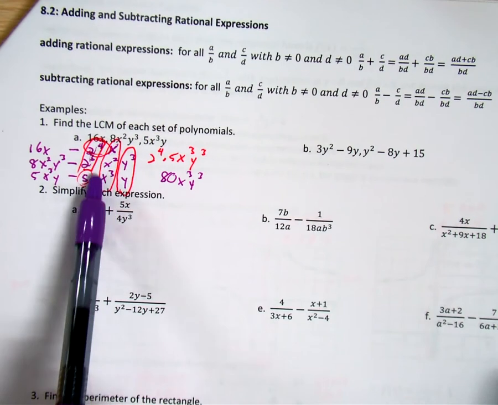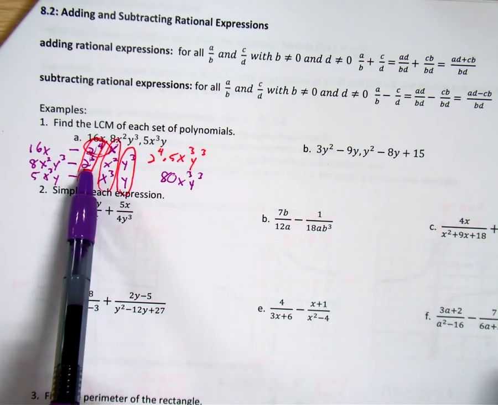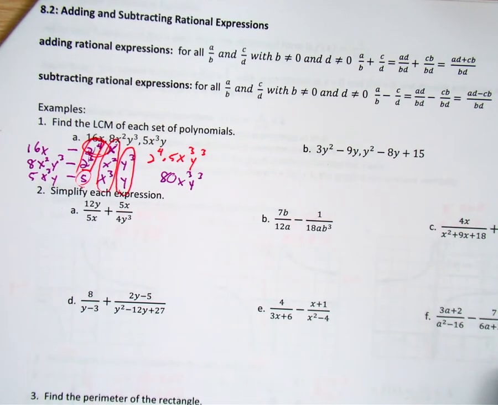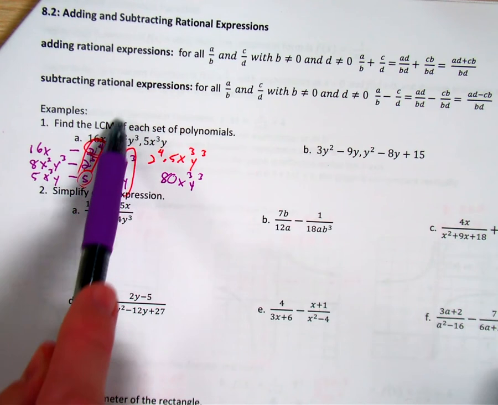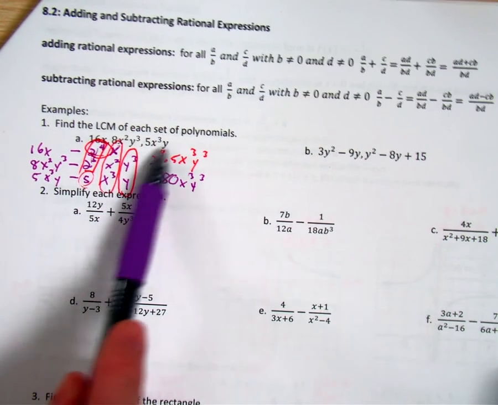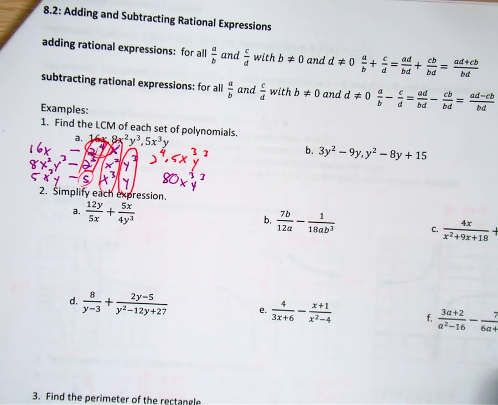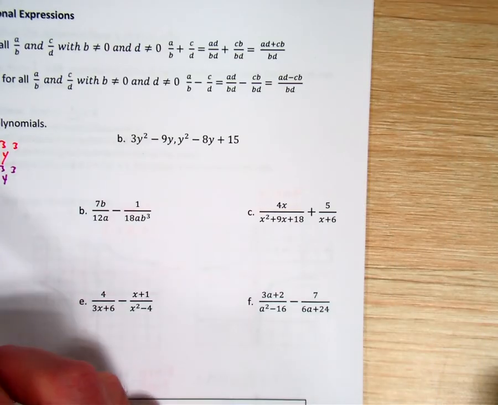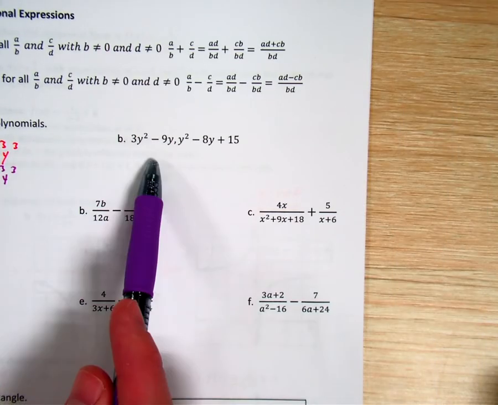There was more than one 2 to pick from, so you take the biggest one. 2 to the 3rd, 2 to the 4th, I'm taking 2 to the 4th. Everybody had an x, there was lots of x's, you take the biggest one. Okay, there we go.